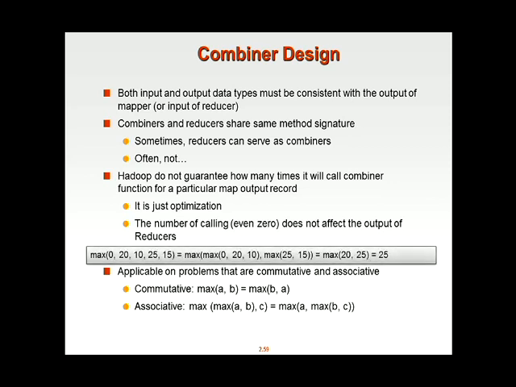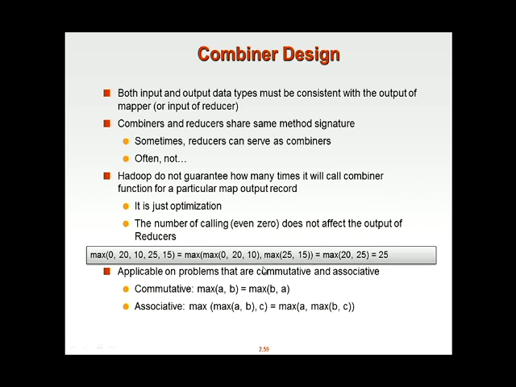Okay, so if the problem is commutative and associative, then you can use the reducer class as a combiner class. But if it is not commutative and associative, you can't do that. You need to write a separate combiner, and you can't use the reducer as a combiner. Why is it like that? Because the combiner produces a partial result over the map output. So you are applying the aggregation method in the combiner over the different map outputs to generate the final result.